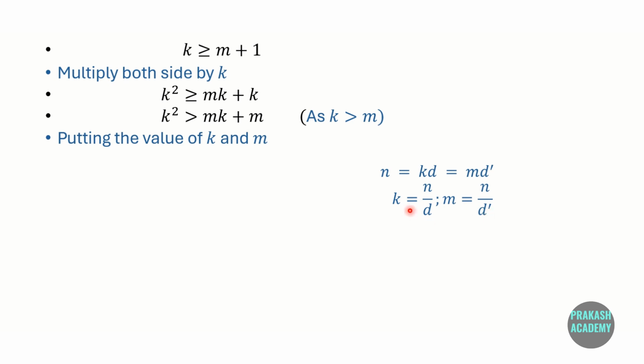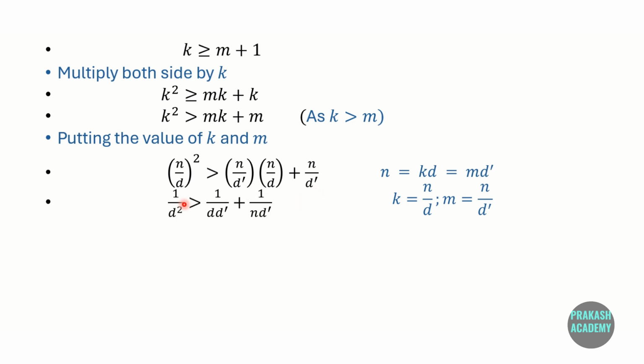Now I know the value of k and m, so I can plug these values in, because in the final equation I have to remove k and m. So this is n by d whole square, and m is n by d dash, and k is n by d. So this becomes n square by d square, n square by d times d dash, and n by d dash.